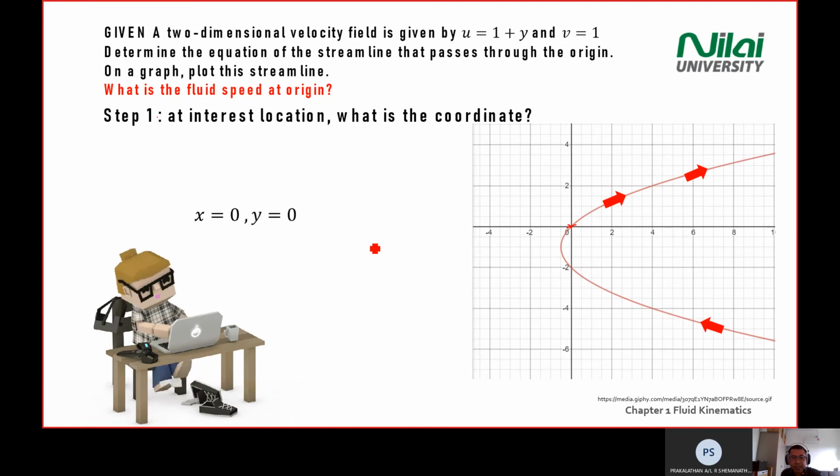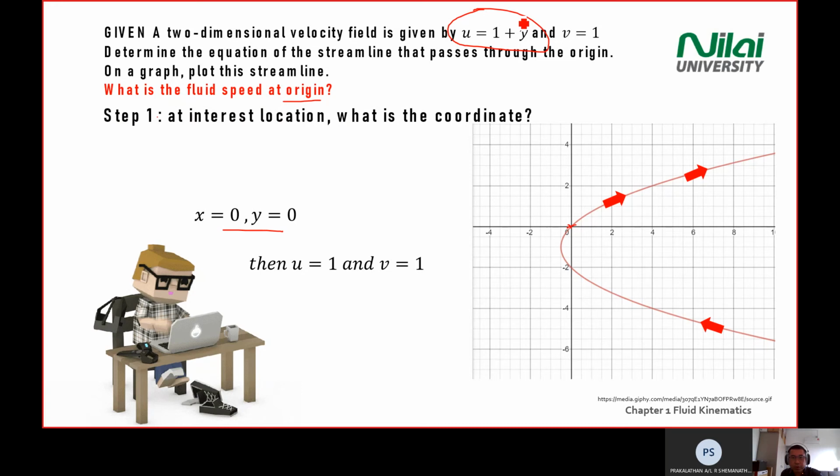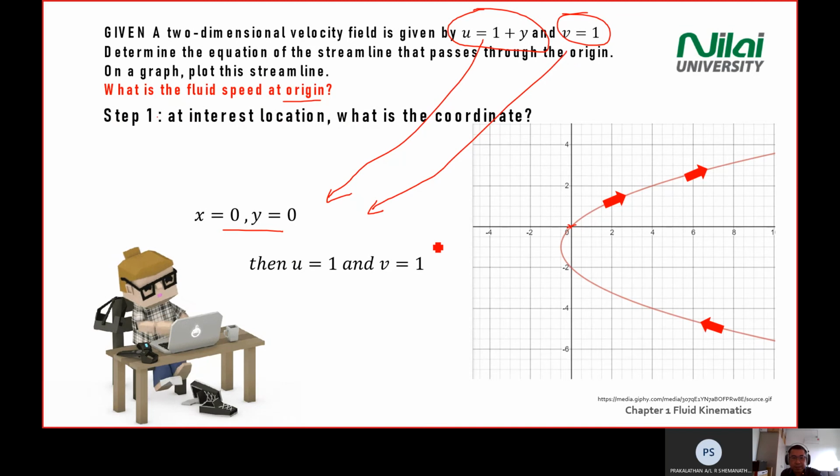Right. So in this case, y equal to 0, x equal to 0 again, because it asks you to find the speed at origin. So you call back the two equations. Substitute y value. You get u equal to 1, v equal to 1.